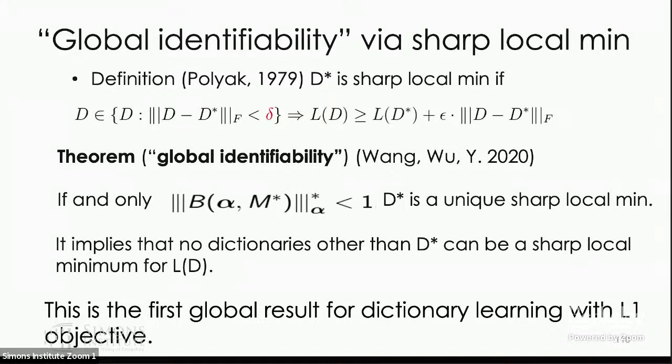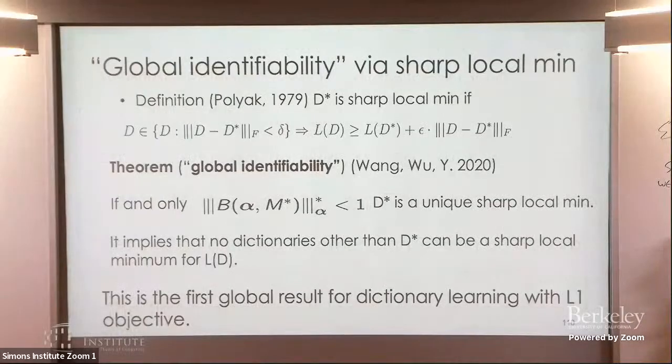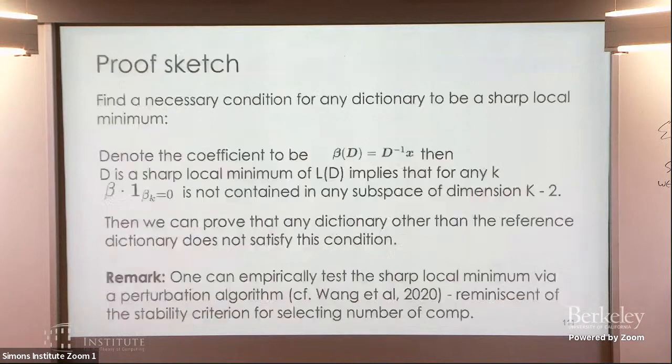And we can show that when this condition holds, the local minimum is a unique sharp local minimum. So it's a global property, because no other dictionary will satisfy that. This uniquely defines the reference dictionary. It's the only one that satisfies the sharp local minimum. But you cannot stay with the global minimum.